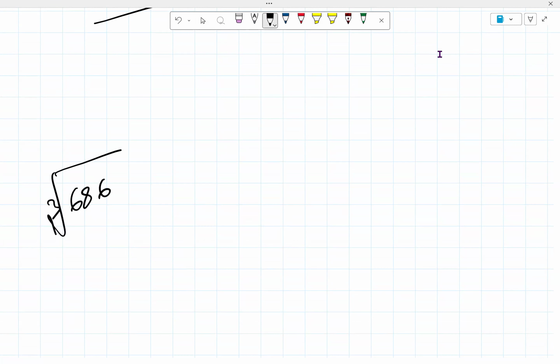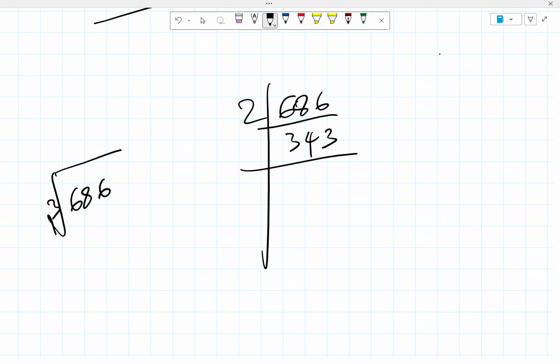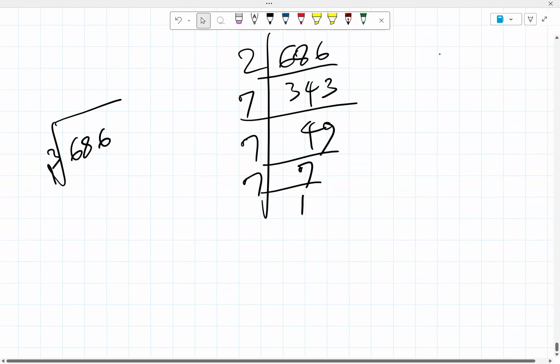Let's factorize first. 686 is 2 times 343. The next factor is 7: 7 goes into 343 49 times, then 7 again, 7 times, and 7 one time.